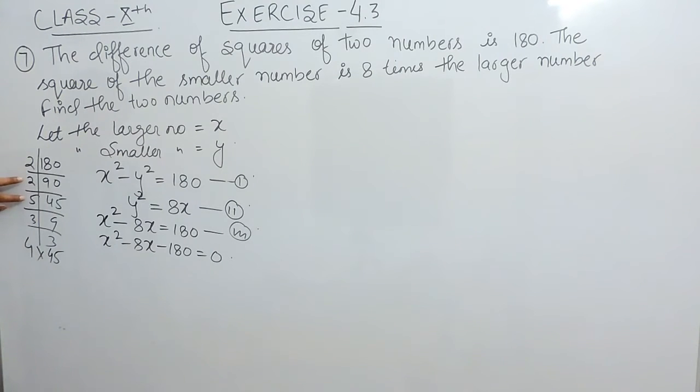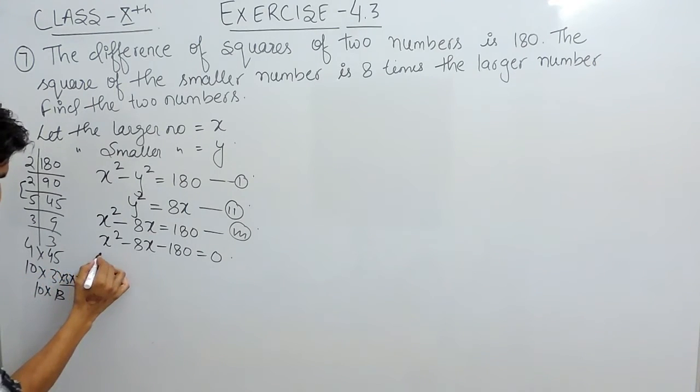And if I write this as 1, this is 5 into 2, which is 10, and the other one, which I have taken, is 3 into 2 into 3, so 10 and 3 into 3 into 2, that is 18. So clearly 10 into 18 is equal to 180, and the difference of 10 and 18 is 8.